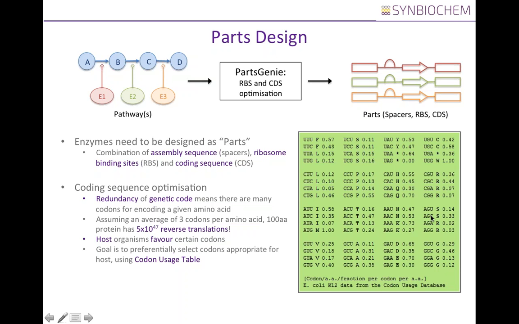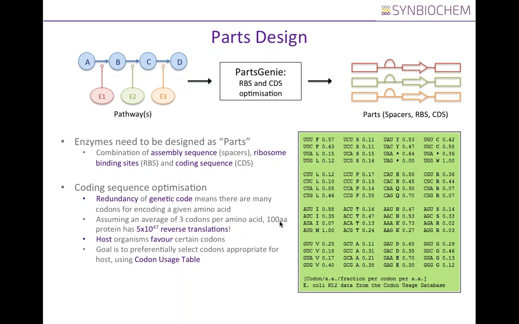If we assume an average of 3 codons for each individual amino acid, then even a small protein of 100 amino acids in length has something in the region of 5 times 10 to the 47 potential reverse translations. There's effectively that many DNA sequences that we can put together to encode that 100 amino acid enzyme.